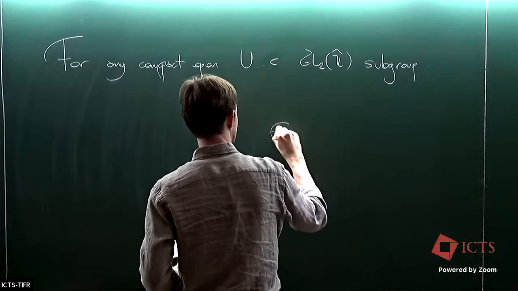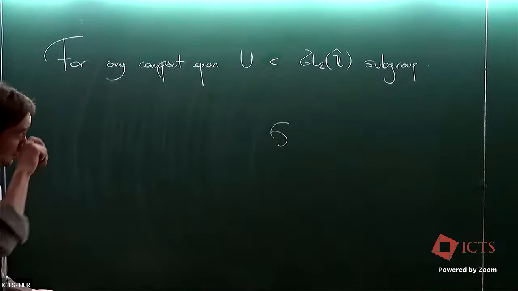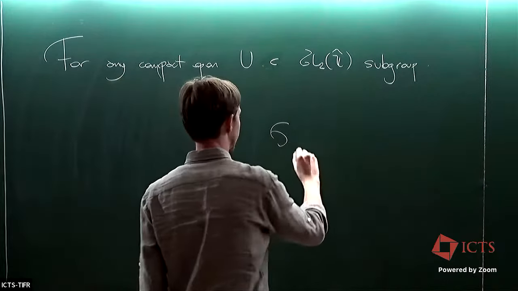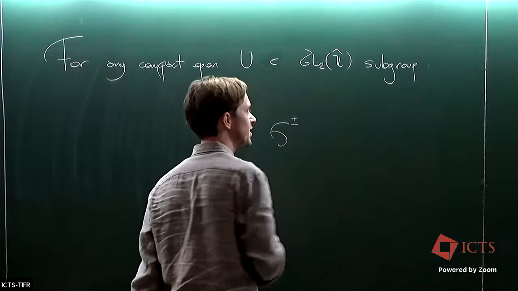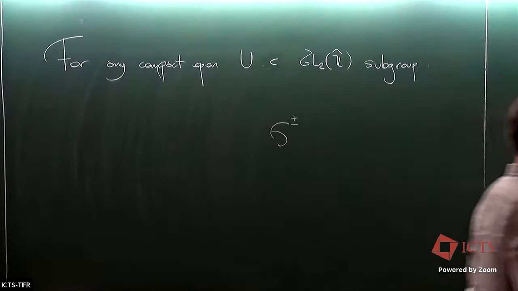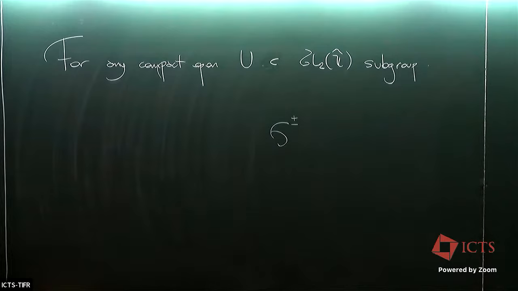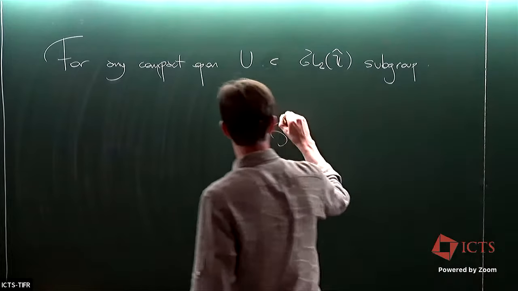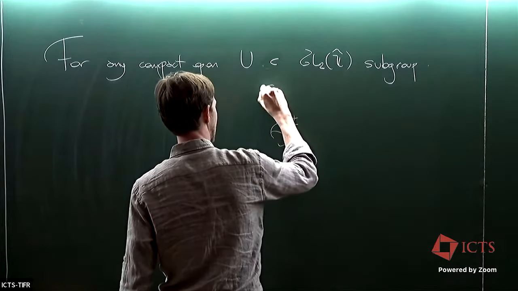I can take the upper half plane, but for this picture, actually, I also want the lower half plane. I'm going to denote that by H plus or minus, which means essentially C minus R. That's the upper and lower half planes.